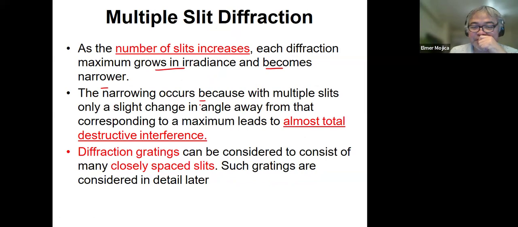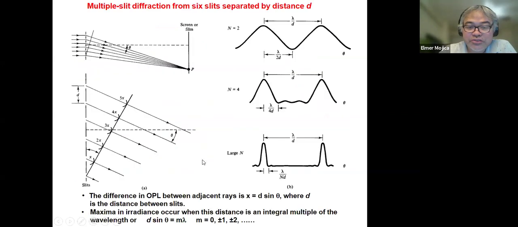The narrowing occurs because with multiple slits, only a slight change in the angle away from that corresponding to a maximum leads to almost total destructive interference. So we could say diffraction gratings may be considered to consist of many closely spaced slits.